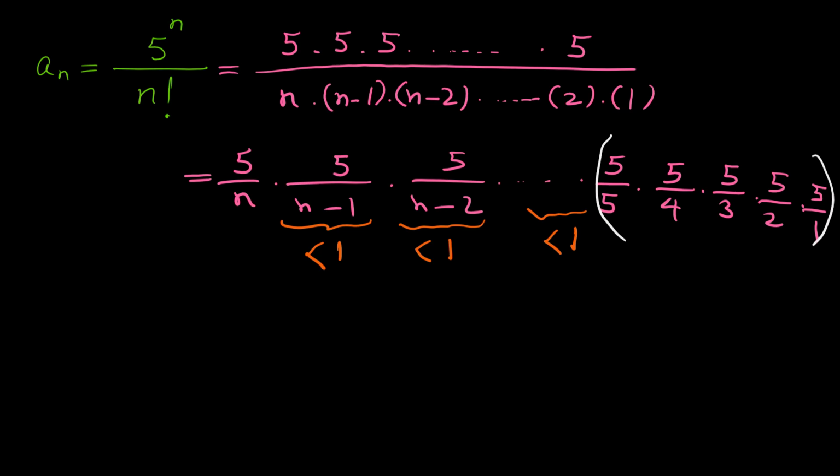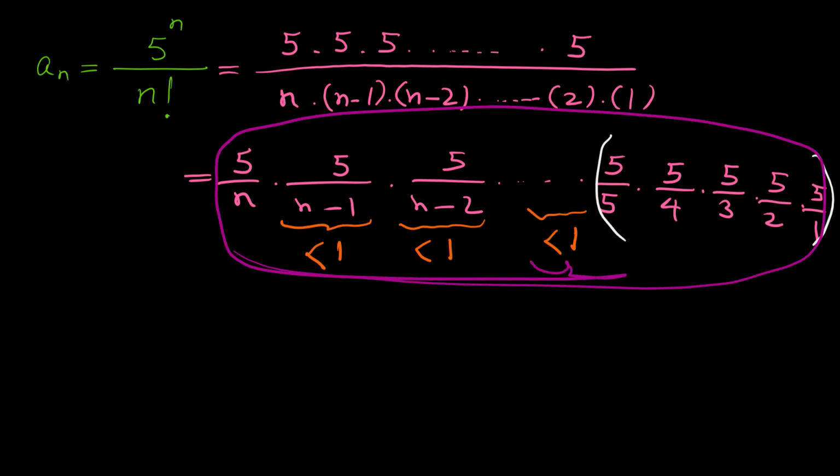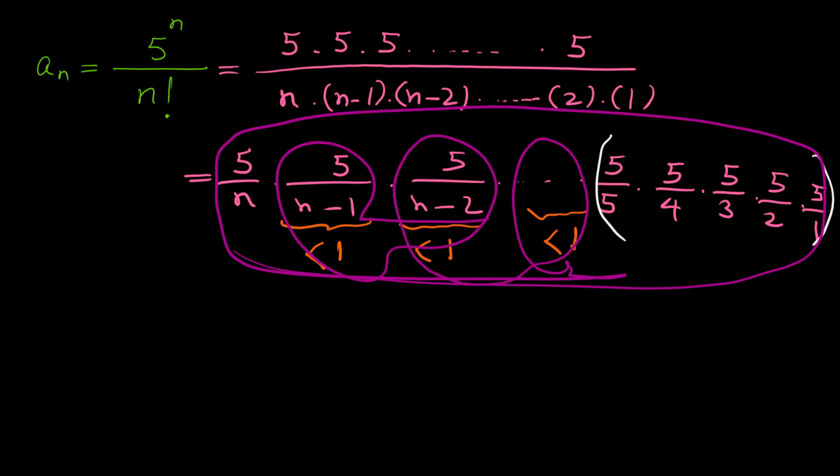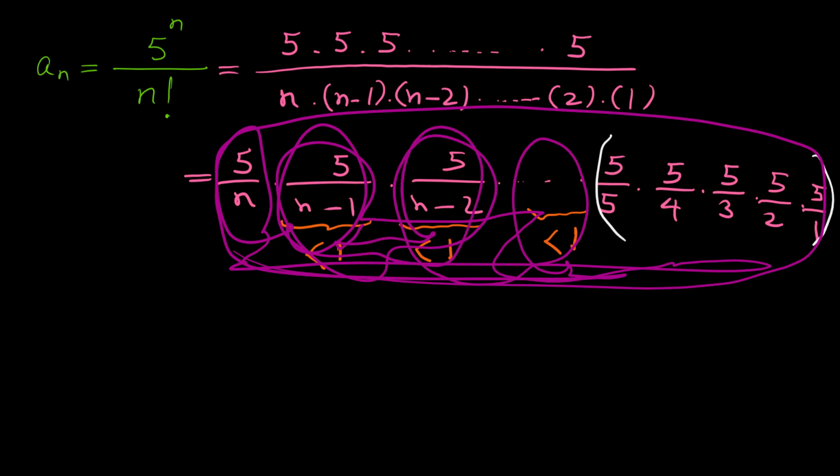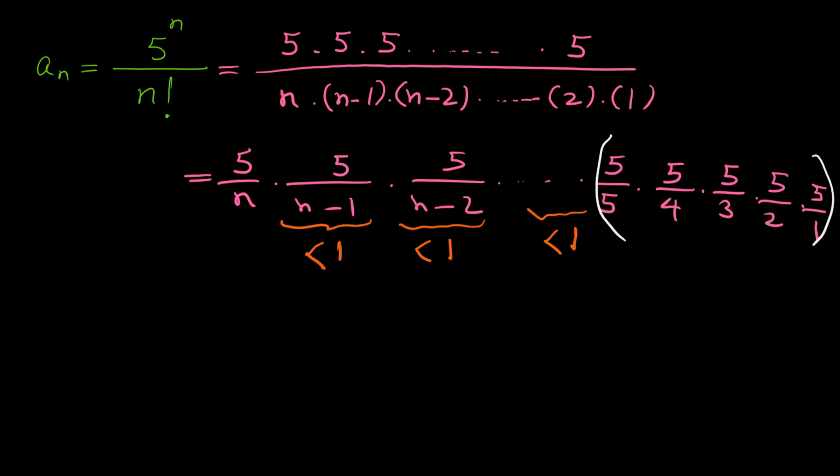So all these terms are less than 1. And between these terms, we have multiplication. When something less than 1 multiplies another thing, it makes that thing smaller.